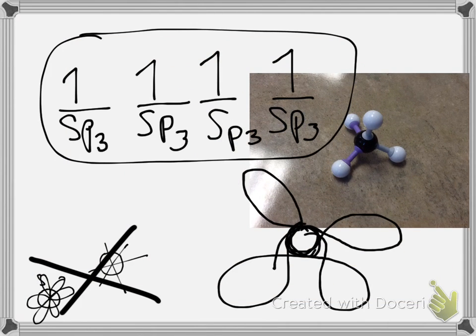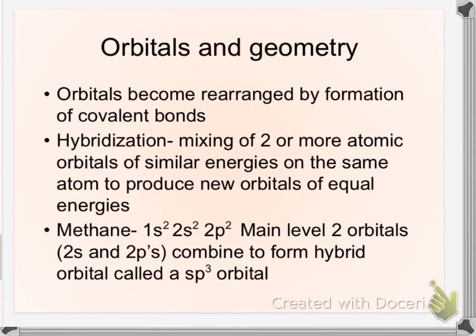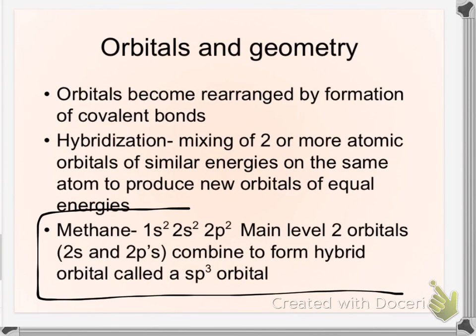It gives you the kind of geometry that you see with this, where they're heading in 4 different directions. So now we'll look at the slide and see if it makes a little bit more sense. Methane.